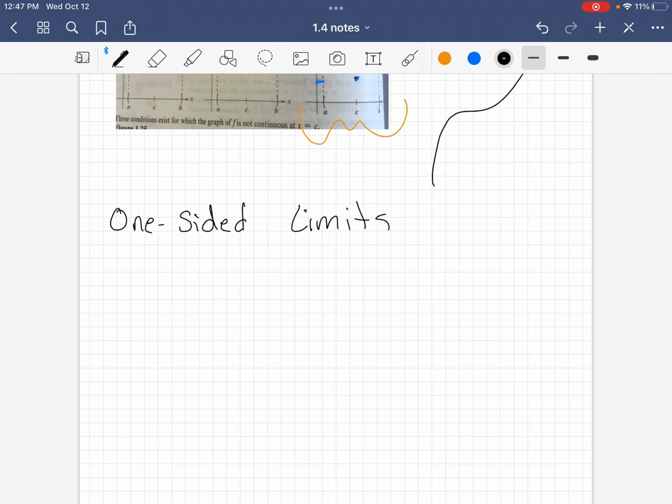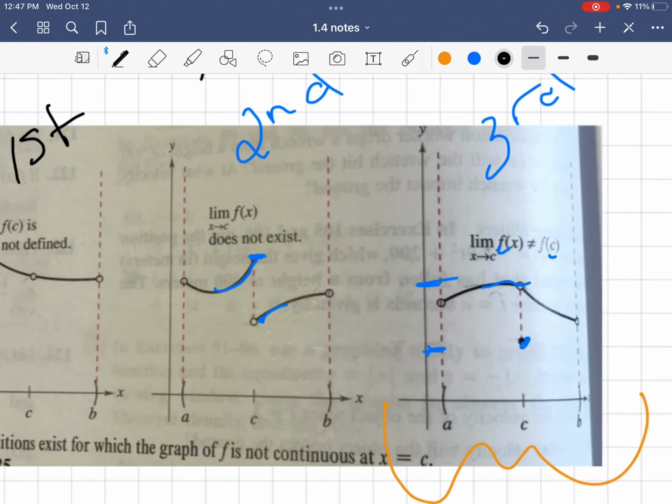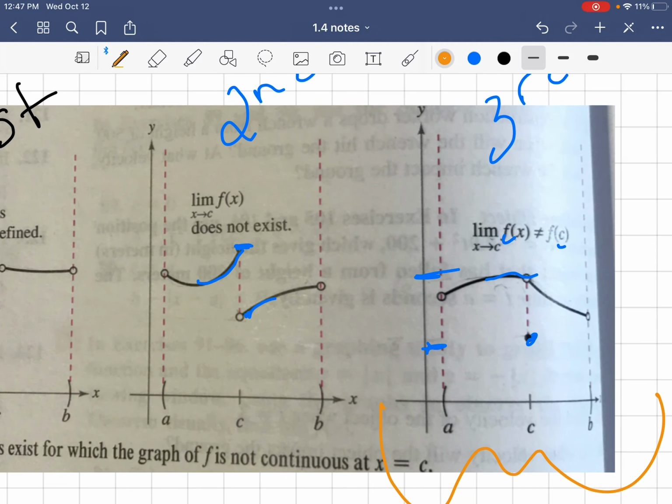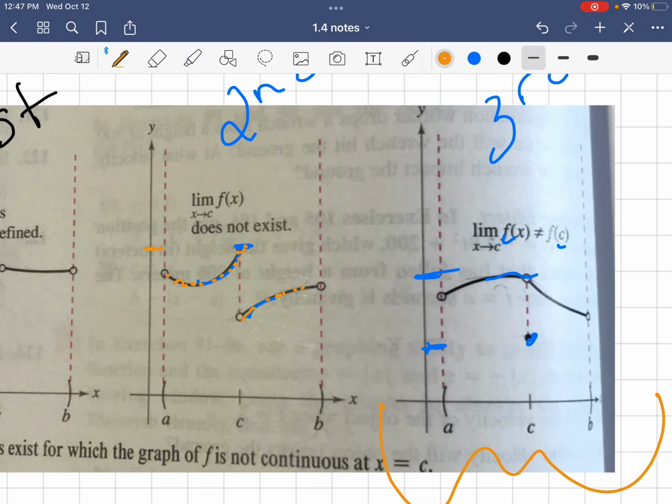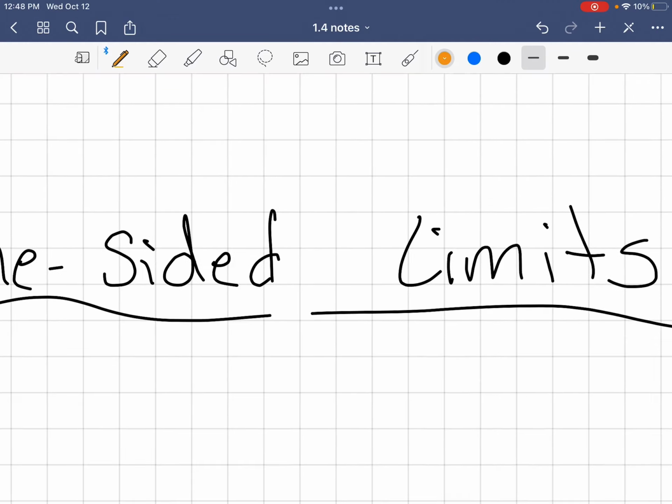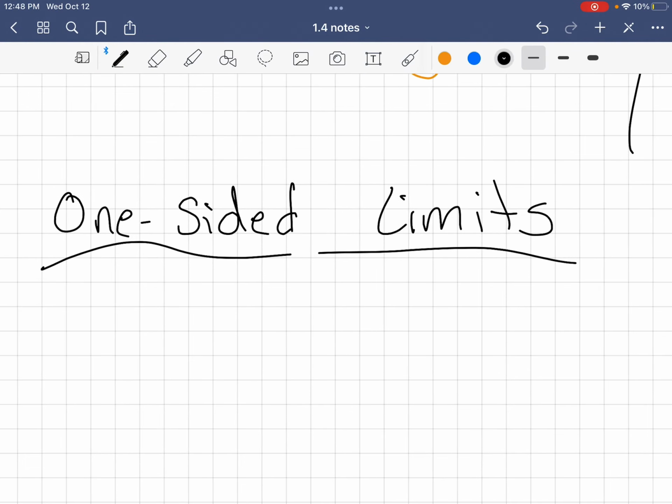We talked about it when we talked about a limit not existing, meaning as we come in from the left and we come in from the right. So that would be like in this situation, because as I come in from the left here, I approach this number up here, right? As I come in from the right, I approach a different number. So there we say the limit does not exist. So it's helpful to be able to talk about that right-handed and left-handed limit. And that's where we get into those one-sided limits.